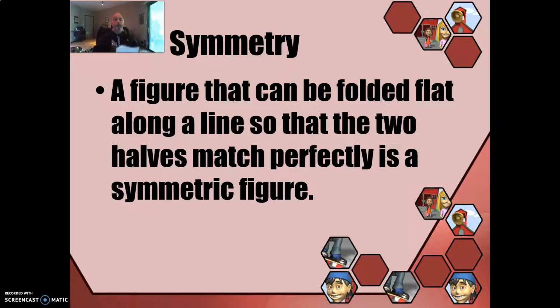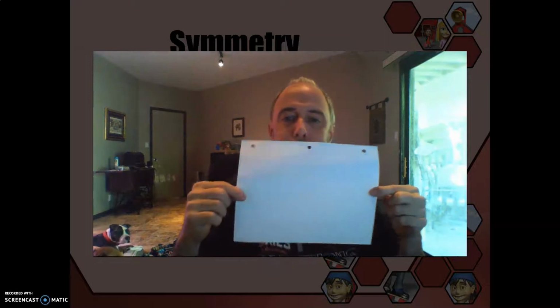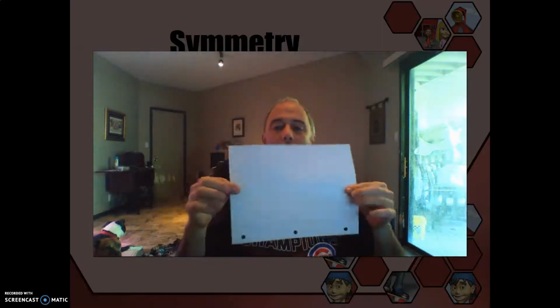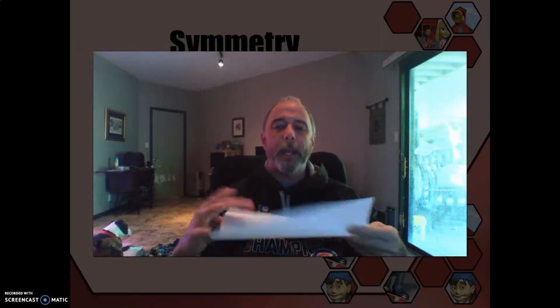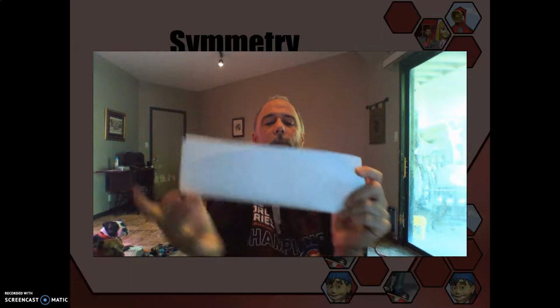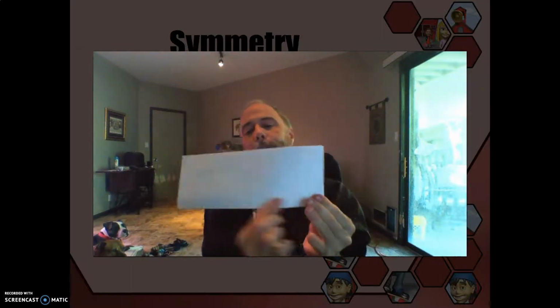Okay, so what am I talking about? So we got a piece of paper, right? And this is just a normal, everyday, rectangular piece of paper, okay? If I take this piece of paper and I line up the corners so that each corner is perfect, and then I fold it this way, okay?